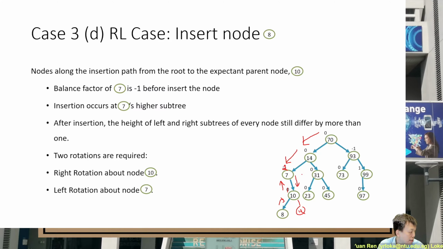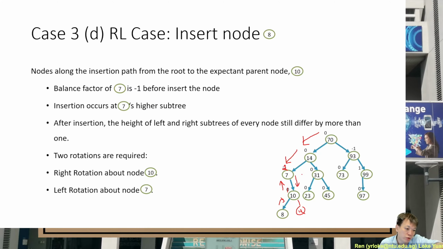I think there's no problem between the LR case and RL case. The only problem is when you find that the node is unbalanced, you do not know whether it's an RL case or RR case. You need to check the child. You check the child's balance factor, you will know. Is the left side higher or the right side higher?